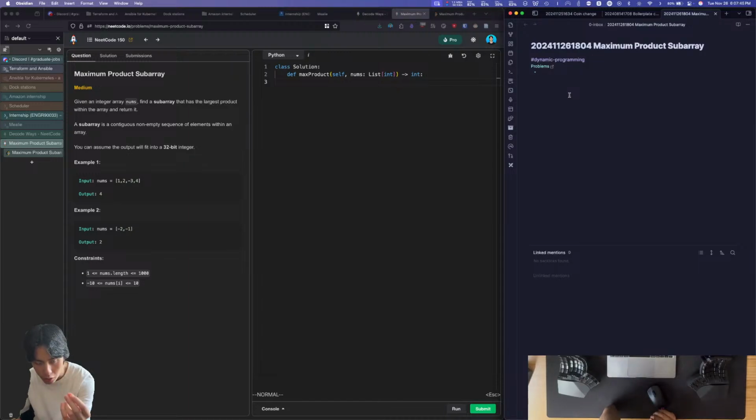So it's a non-empty sequence of elements subarray. It has to have at least one value, basically. 1, 2, 3. The choice is to include all of them or not.